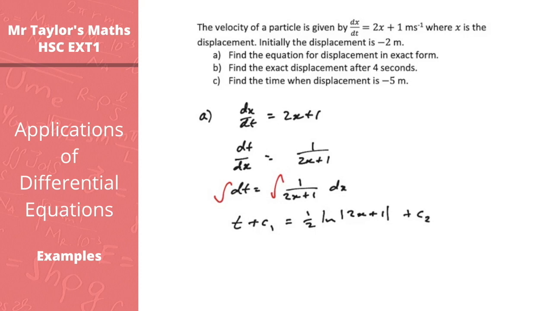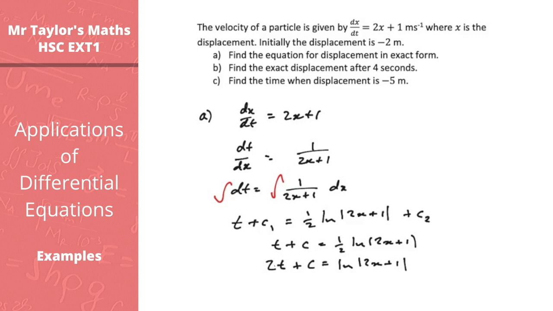Now we usually want to group our constants together, and I could multiply everything by 2. So t plus c is a half ln absolute value of 2x plus 1, and multiply everything by 2. I normally just don't care about that constant too much, guys. I just let it be c until I'm trying to solve it. So 2t plus my constant is ln absolute value of 2x plus 1.